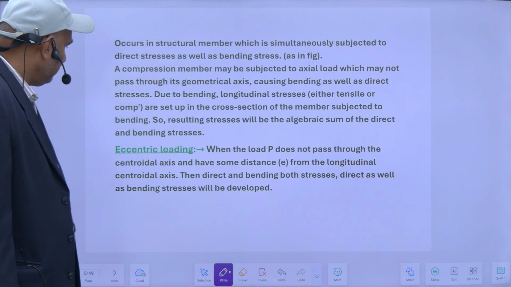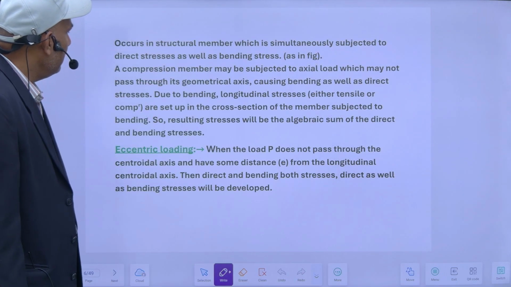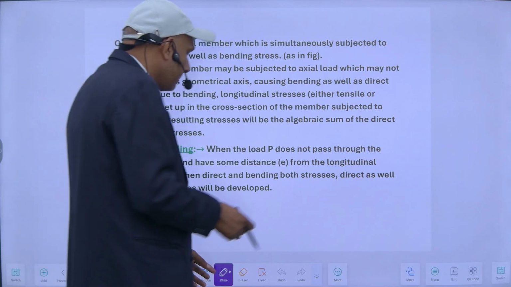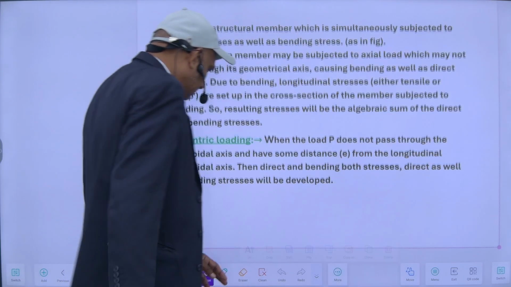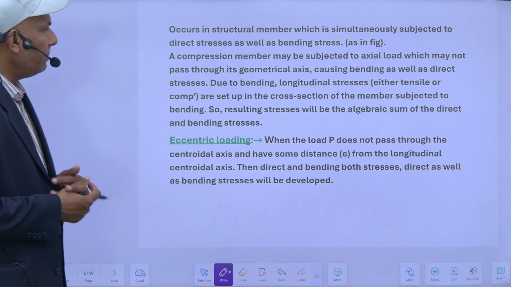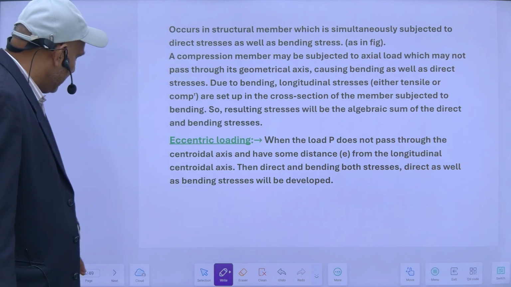So combined direct and bending stresses occur in a structural member which is simultaneously subjected to direct stresses as well as bending stresses. A compression member may be subjected to axial load which may not pass through the geometrical axis.